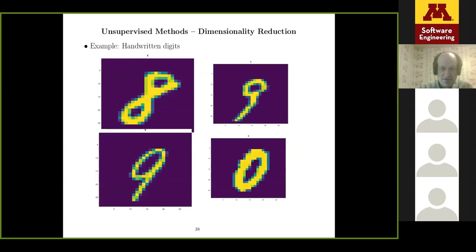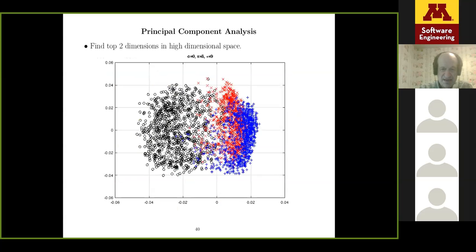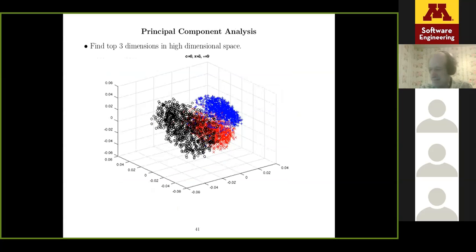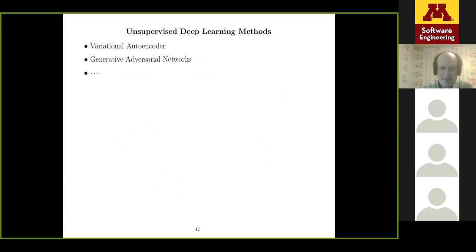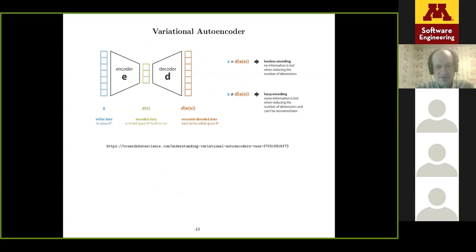So there are variations. So this is an example of principal component analysis. I can't really say a lot about neural networks in general, but I can give some examples of more recent neural networks that are useful. And one is called a variational autoencoder, or just an autoencoder, depending on the details.